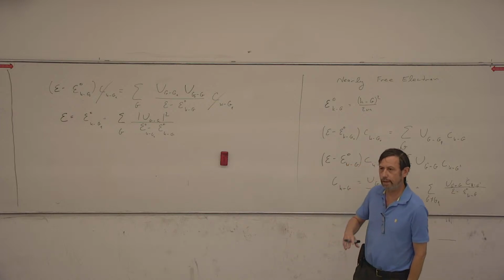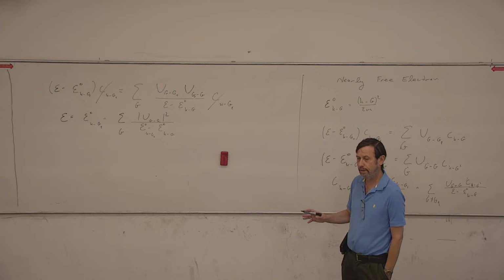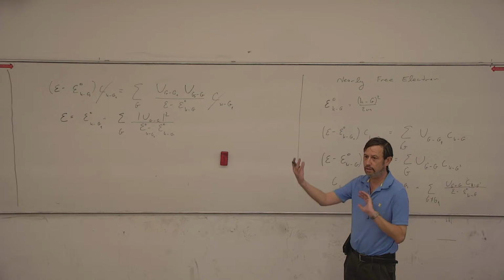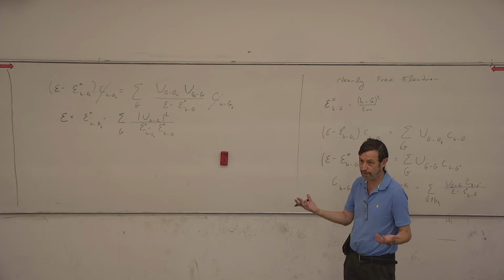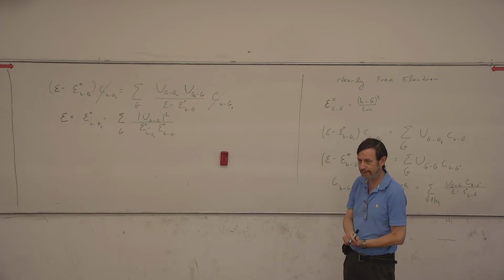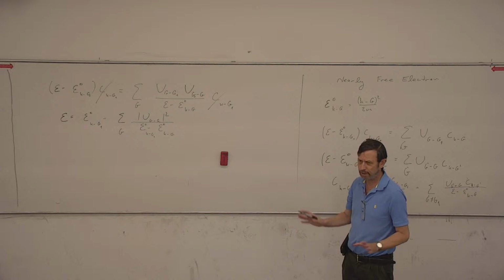Okay, so in principle, if I'm treating a two-dimensional or a three-dimensional system, it can have a whole line or a whole surface of degeneracies. But let's keep it simple.